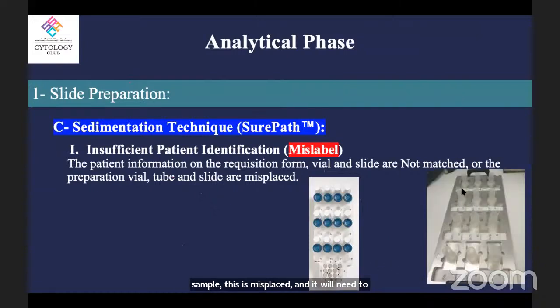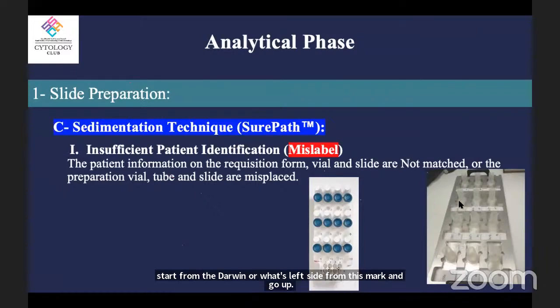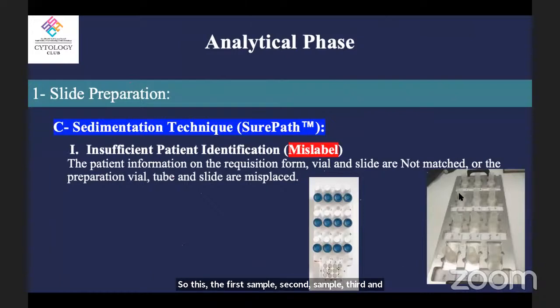Or when you label the slides and put them in the rack, in the short path, we start from the bottom left side, from this mark, and go up. So this is the first sample, second sample, third and fourth, and this is the fifth. So if by mistake you start from up to down, that means it is mislabeled.